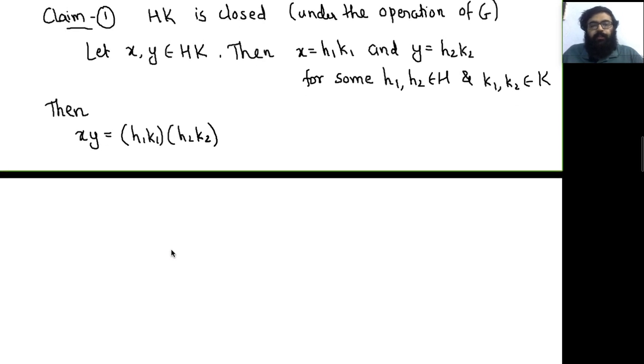So xy is of this form, and we want to show that xy belongs to HK.